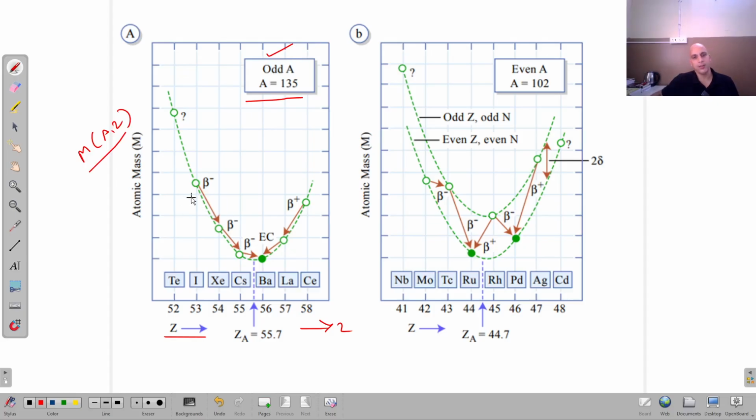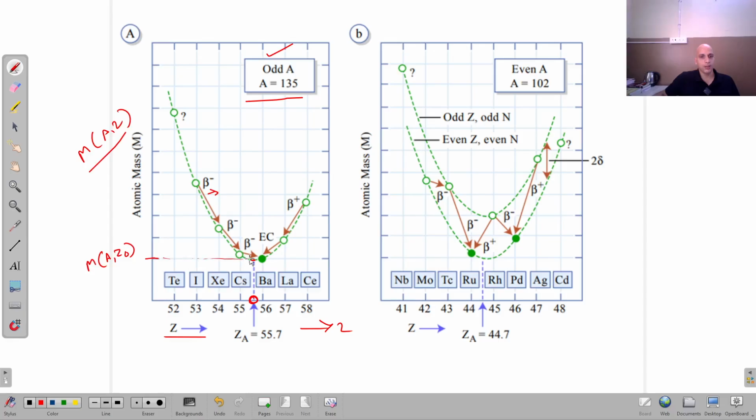Any nucleus that is on this side will try to reach here, at the belly. This belly is represented here, and it is M(A,Z0) corresponding to this. This is the atomic number of the most stable isobar, and this is the mass corresponding to that.